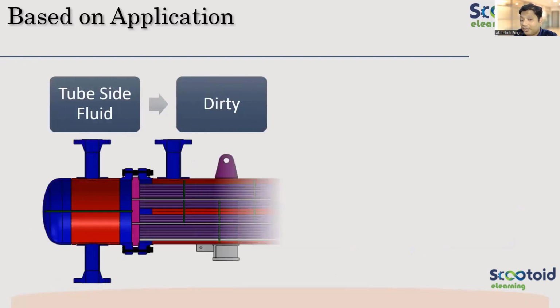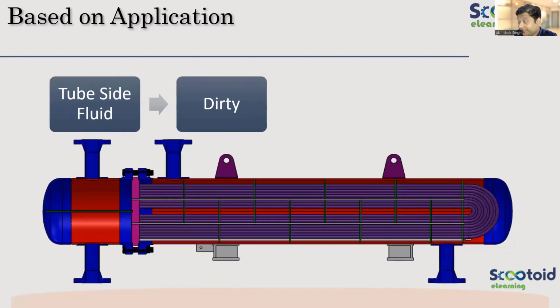Now, if I have a dirty fluid in the tube side for a U-tube type heat exchanger, this is BEU, not BEM. So if the tube side is dirty, whether it will be suitable? More pressure will be required. Venkat is absolutely right.